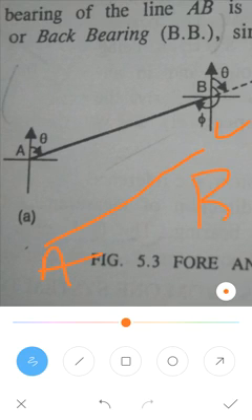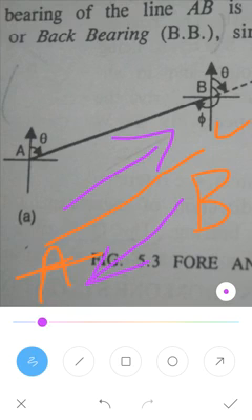If the angle is determined going forward from A to B, it is called the forebearing. If it is measured from B to A, it is known as the back bearing. You should keep this in your mind.